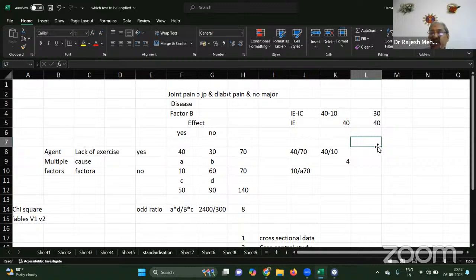So attributable risk: if you want to find out the total problem in the exposed people, subtract the control factor, so that you remove that and get what is contributed by the factor. It's something like this: you are giving your child 100 rupees and he is spending, let's say, 150 rupees daily.